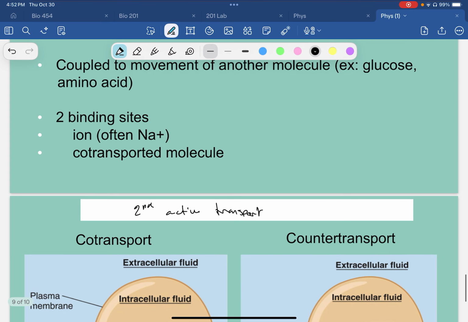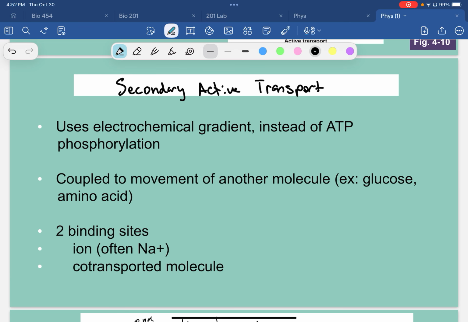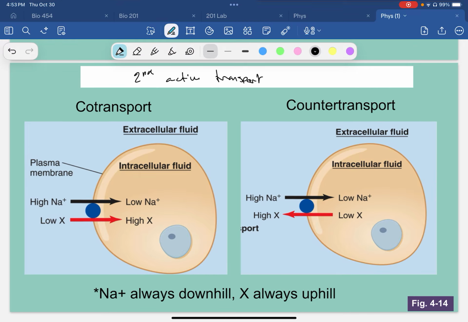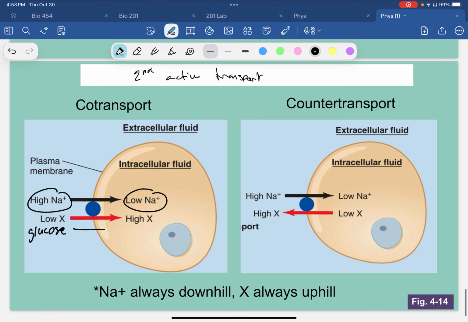If we move down here, oops, sorry, to our secondary active transport, we can see that we use an electrochemical gradient instead of ATP phosphorylation, and it's coupled to the movement of another molecule. This is a better depiction of it, and it shows how our sodium flows downhill, and then our X concentration, which is just a different molecule, maybe glucose or something else, flows up its gradient.